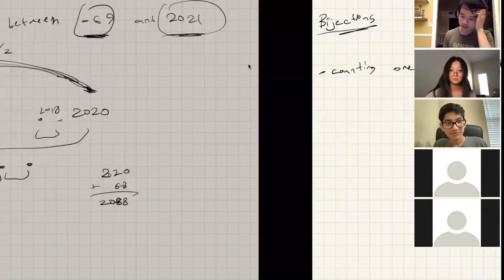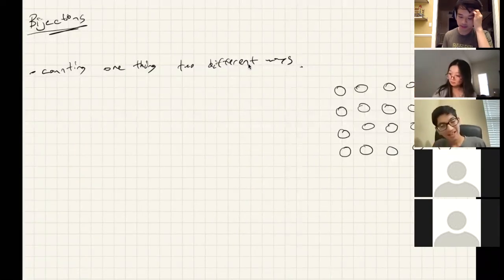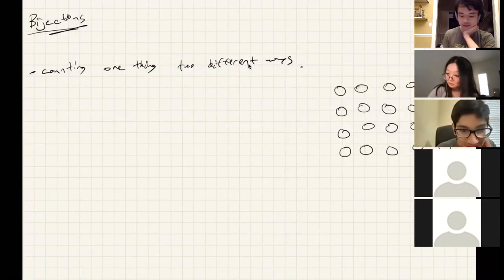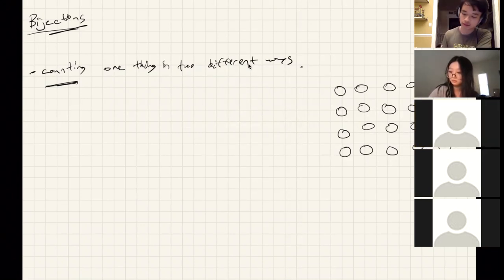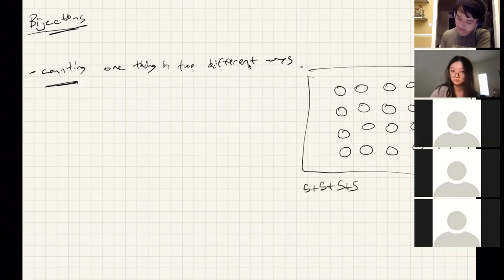Okay, so bijections is another key idea in combinatorics. That's counting one thing in 2 different ways, right? A traditional example of this is how many circles are in this array. You can think of it as 5 plus 5 plus 5 plus 5, 1 for each of these rows.